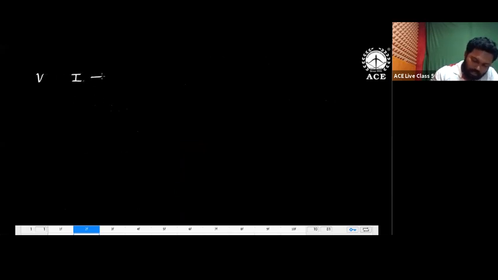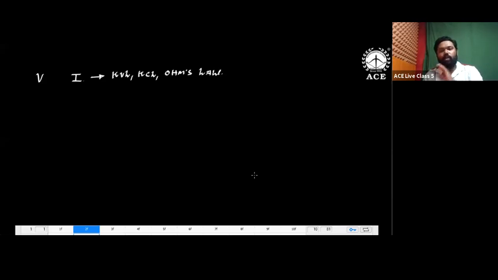These are governed by the equations KVL, KCL, Ohm's law. But unfortunately, just voltage, current, KVL, KCL, Ohm's law cannot help us in understanding the different aspects of electrical engineering.